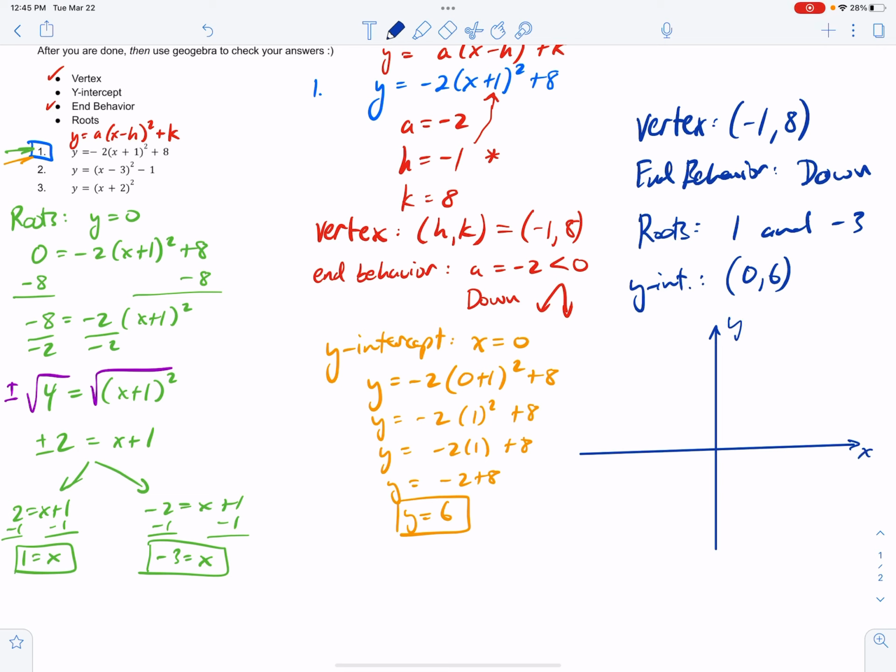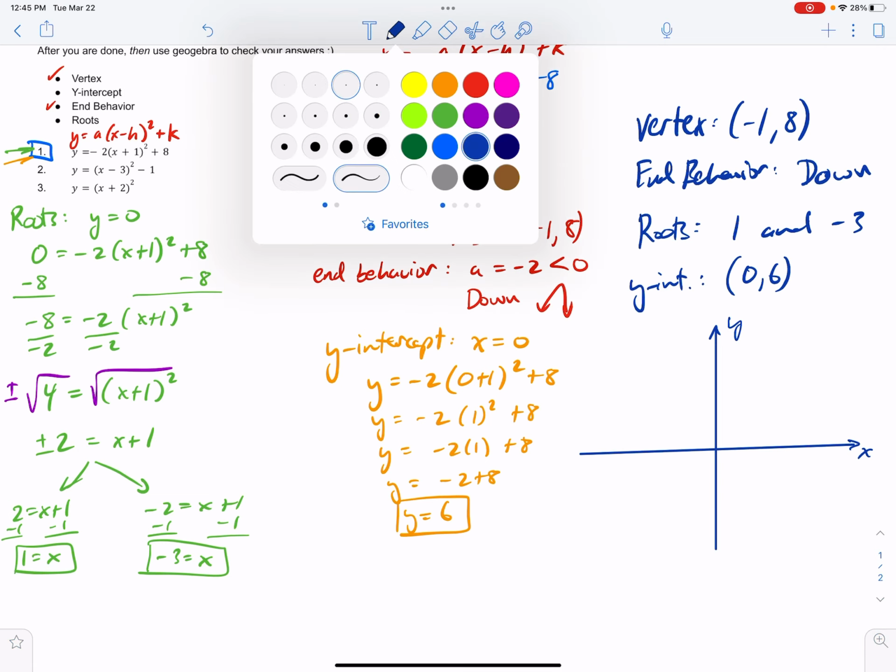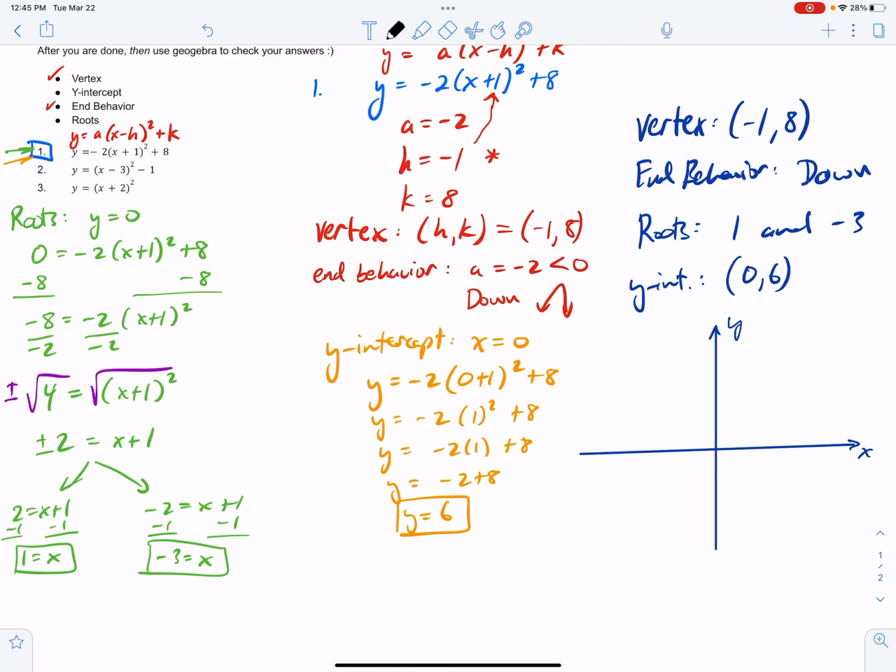I'll use a different color for that. I'll use black. So the y-intercept is 6. The roots are 1 and -3.